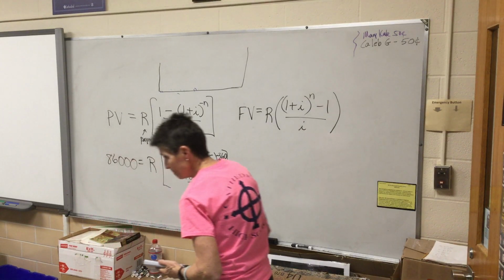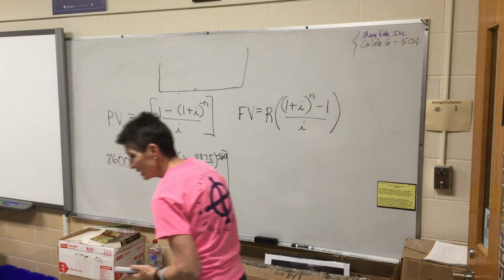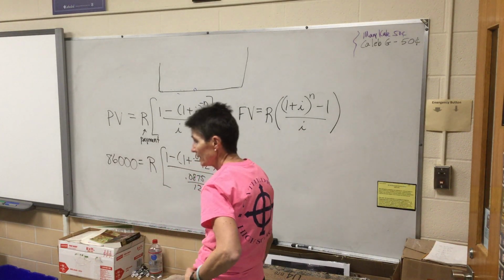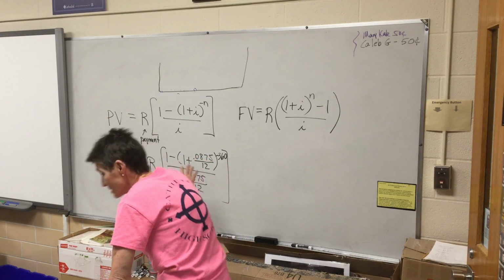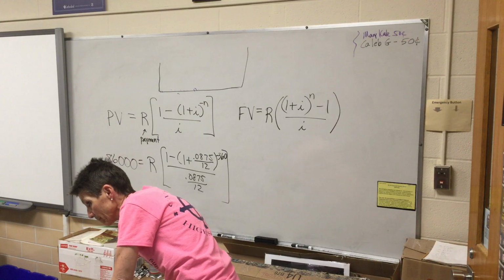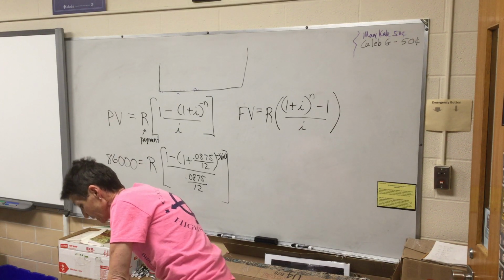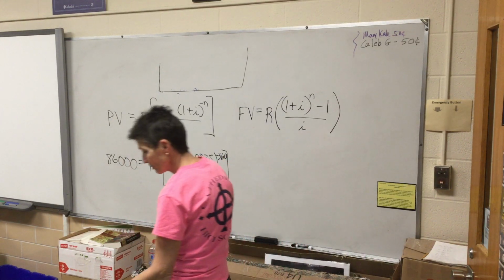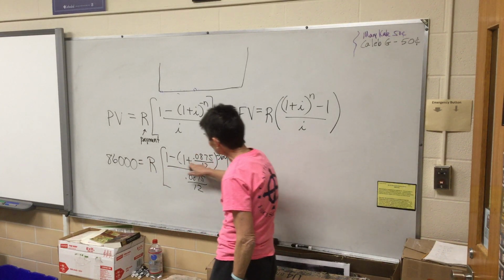Michael, you typing? You got a calculator? Good deal. Have you got an answer yet? Anybody have an answer yet from typing in just the numerator? It's like 0.9268. If that's what you got, if you have on your calculator 0.9268, then you typed in the numerator exactly as it was written.